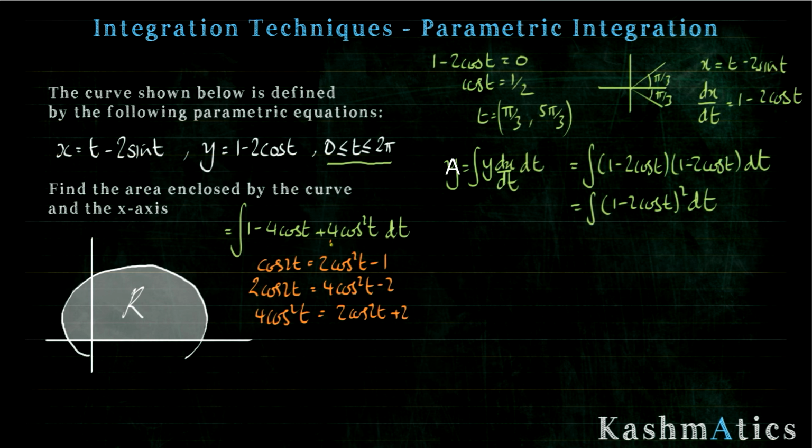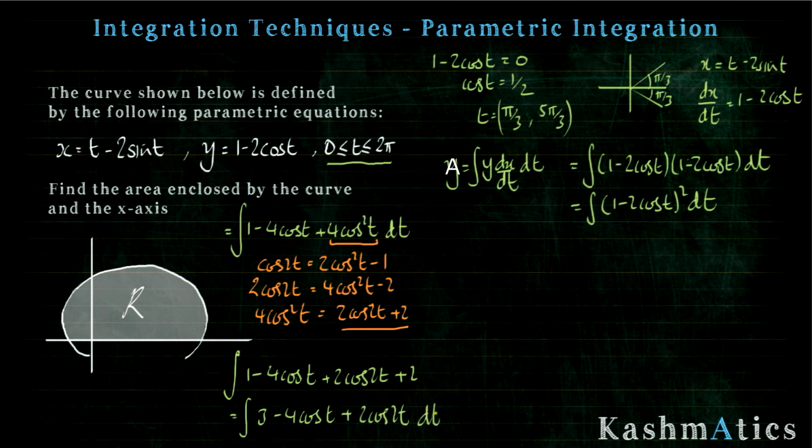Okay, so instead of writing this, I'm going to write this. So let's rewrite the integral. So it becomes 1 minus 4 cos t plus all of this, which is 2 cos 2t plus 2. And if I tidy up a bit more, it becomes 3 minus 4 cos t plus 2 cos 2t dt.